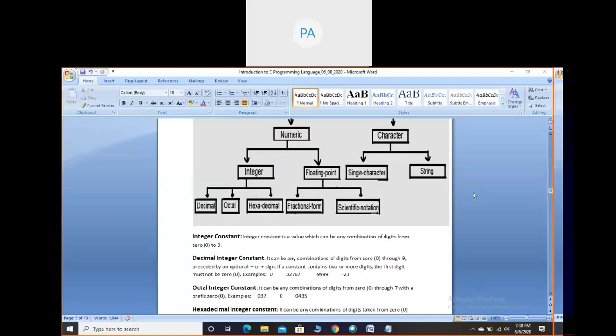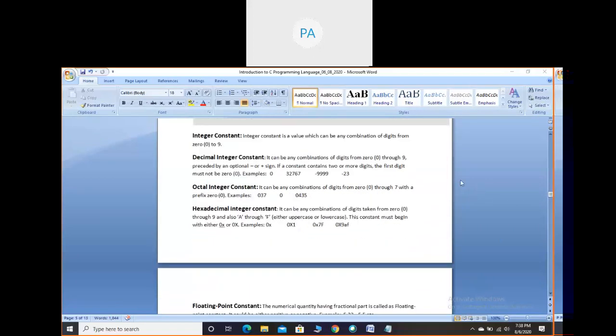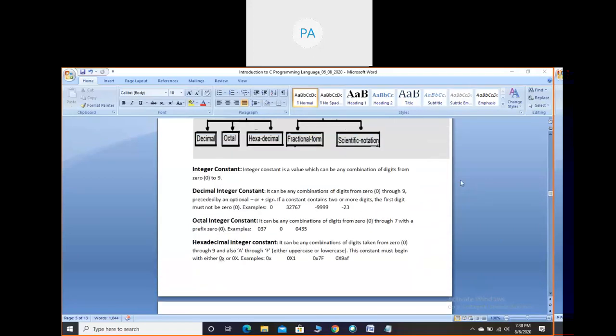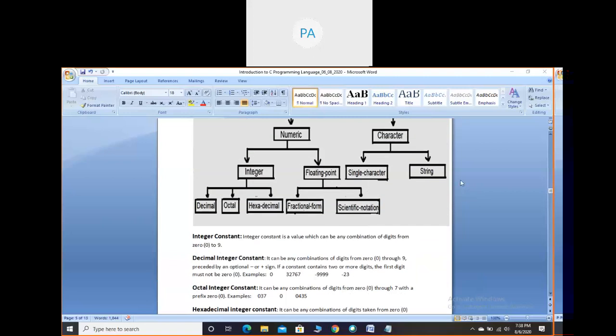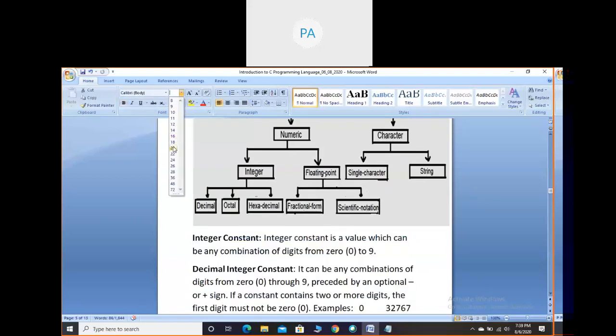Okay, so we will go for the integer constant definition. An integer constant is a value which can be any combination of digits from 0 to 9.